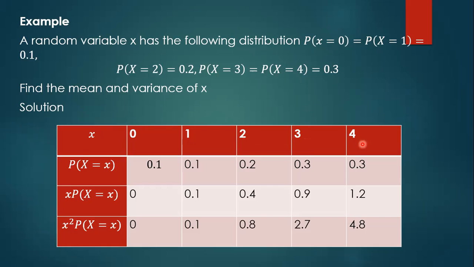And then they have given us their probability values, probability of x equaling small x. In the question, they said probability of x equaling 0 is the same as probability of x equaling 1, and that is 0.1. So that is why we have a 0.1 here, and as well a 0.1 here.